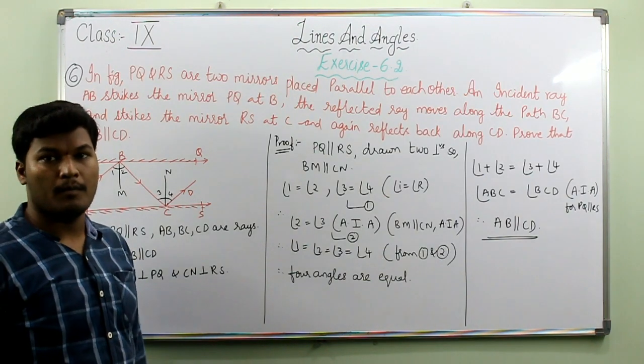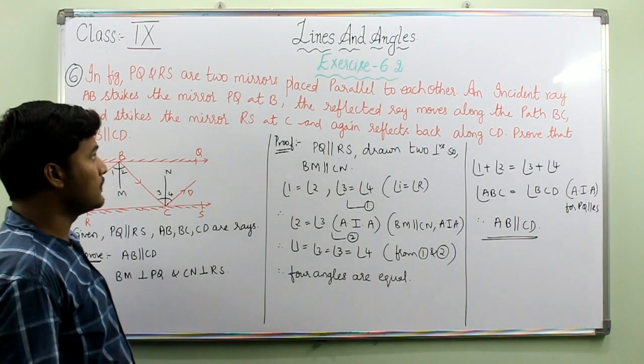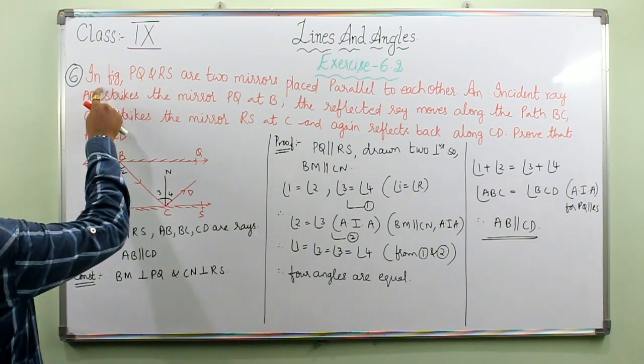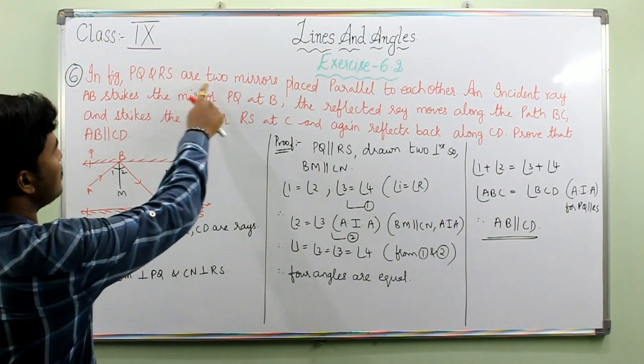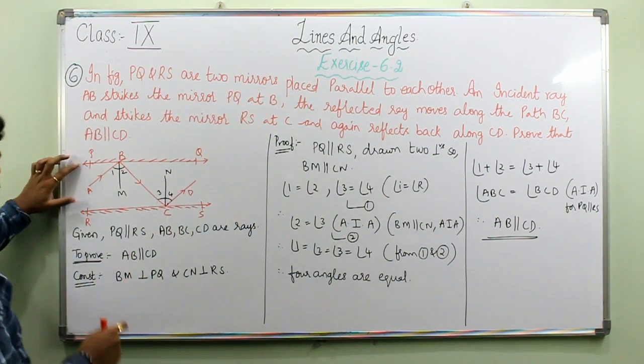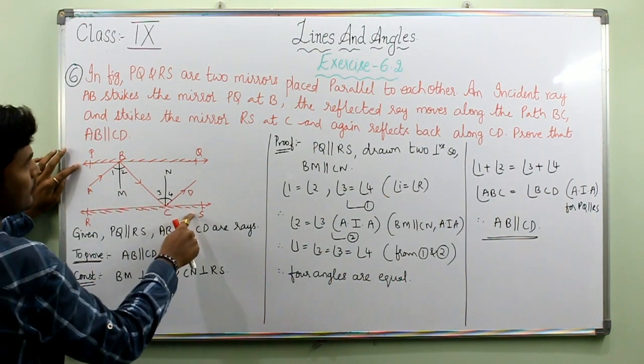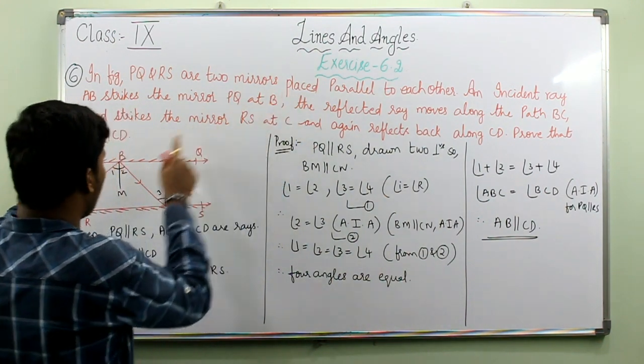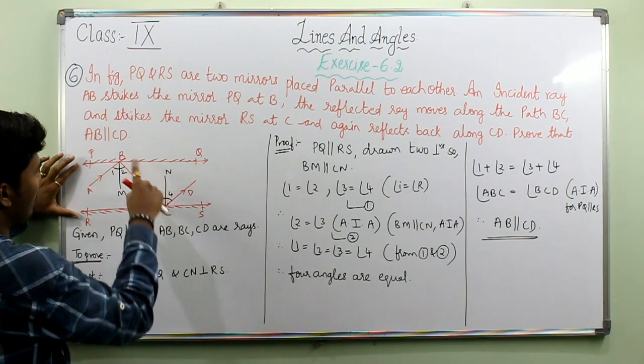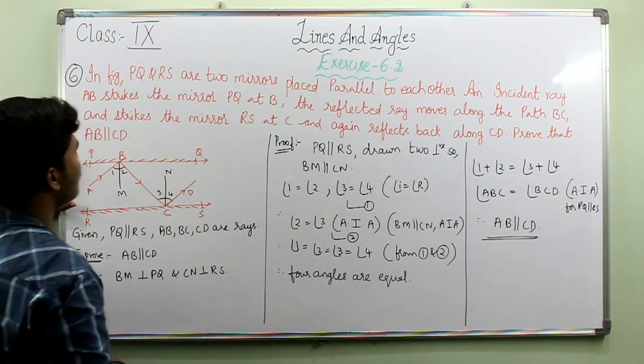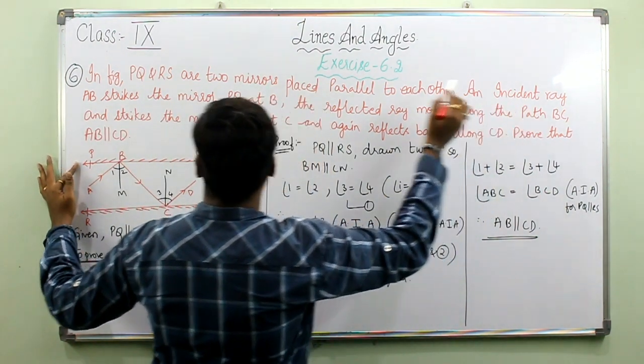Now the last problem of this exercise: in the figure, PQ and RS are two mirrors, which are placed parallel to each other. Now we are considering an incident ray.